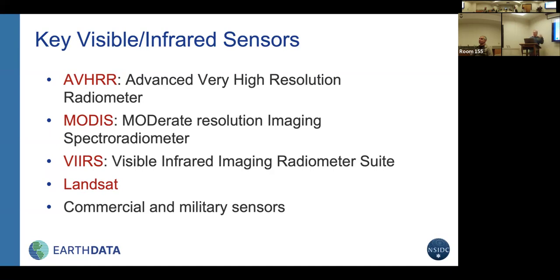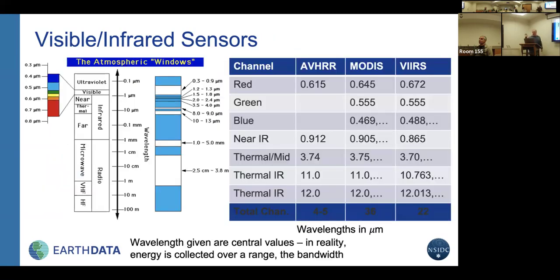Landsat is kind of special, it's visible and infrared. It's got very high resolution, but looks at smaller areas. And then there are a lot of commercial and military sensors out there as well. I won't go into very much detail here, but basically these have different visible channels and then infrared, either near infrared, which is still primarily reflected energy, and then thermal, which is the emitted energy, essentially the heat.